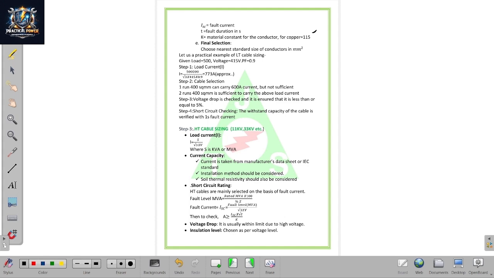In this case, we find out the fault level MVA, that is rated MVA into 100 divided by impedance in percentage Z. Then fault current is calculated, that is ISC, fault current is equal to fault level MVA divided by root 3 into system voltage.